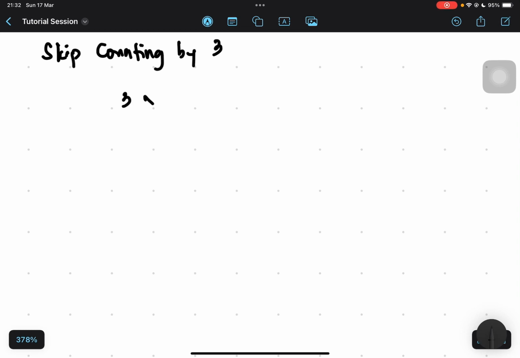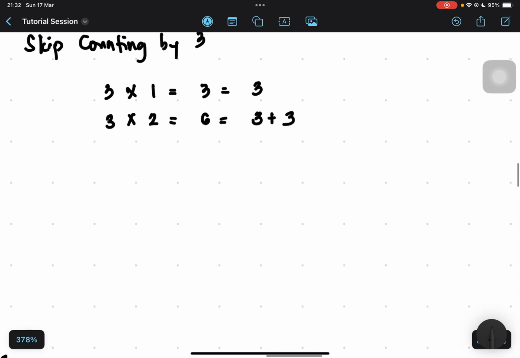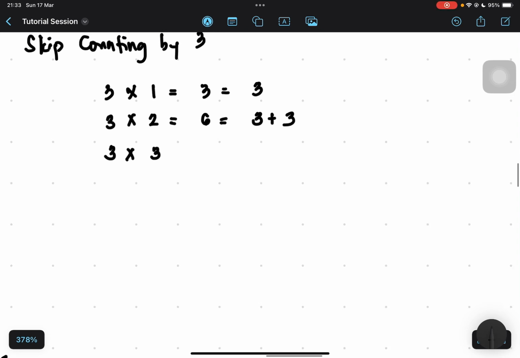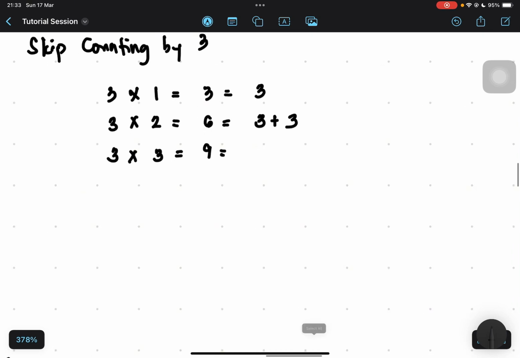So when we multiply 3 and 1, it makes 3, just 3 by itself. When we multiply 3 by 2, it makes 6. So that's why we add 3 two times. Then we add another 3, it becomes 9.